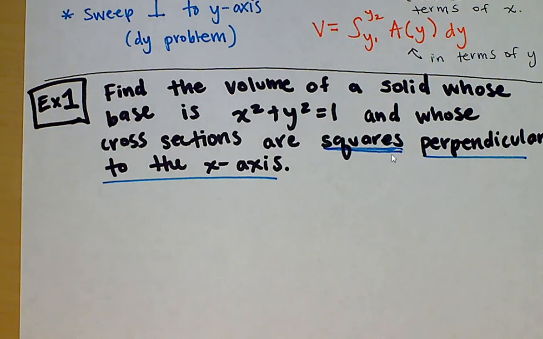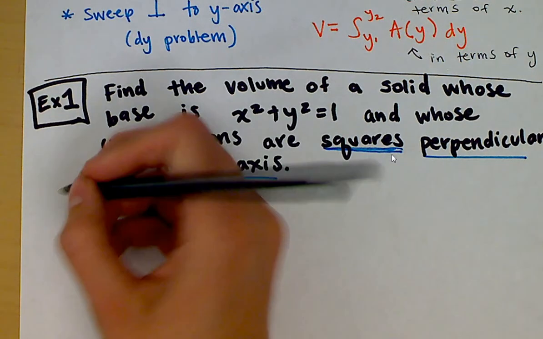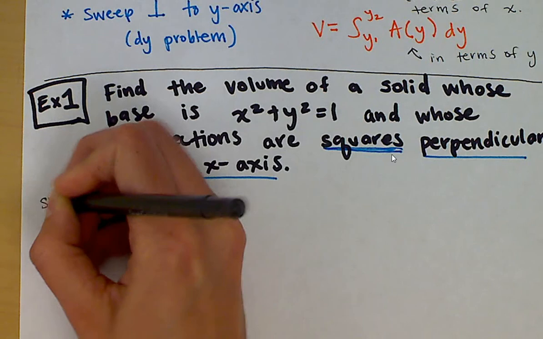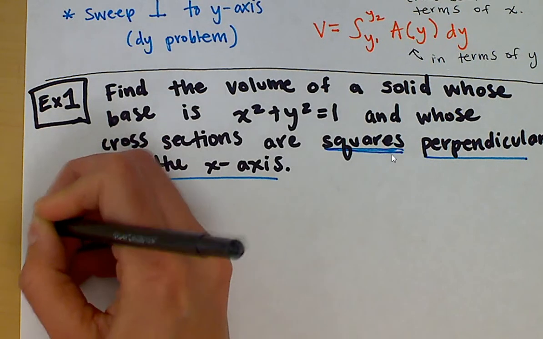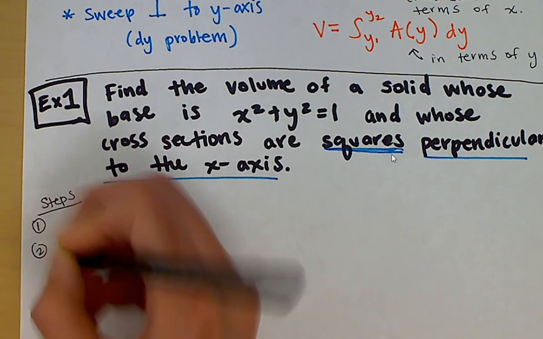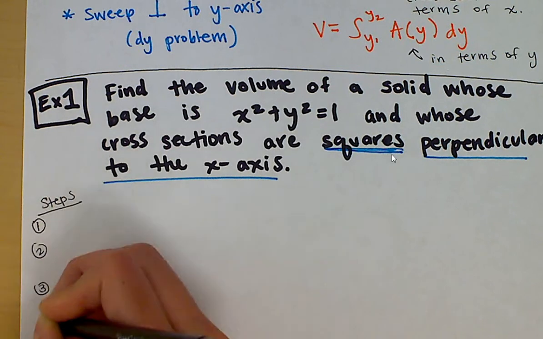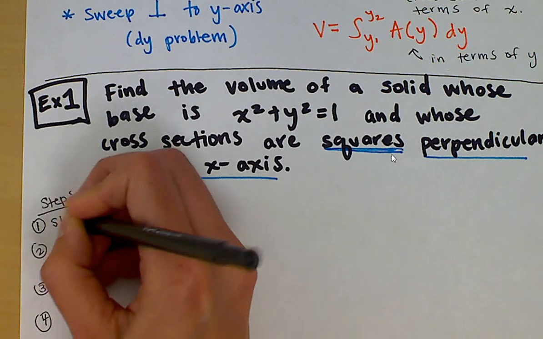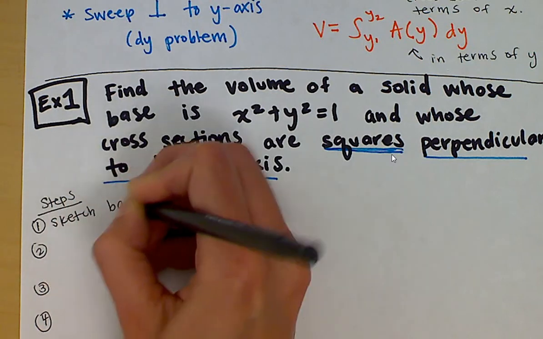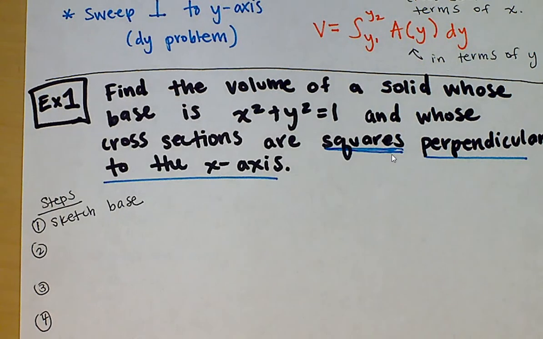But that's going to be my first step anyway. So in my steps, just so you know, there's going to be 1, 2, 3, 4. But my first step is going to be to sketch the base. I'm going to sketch the base.